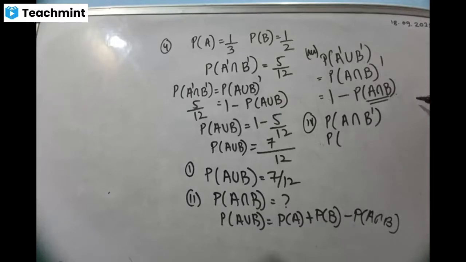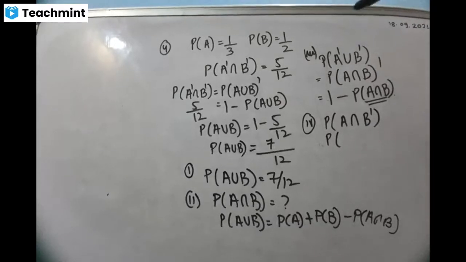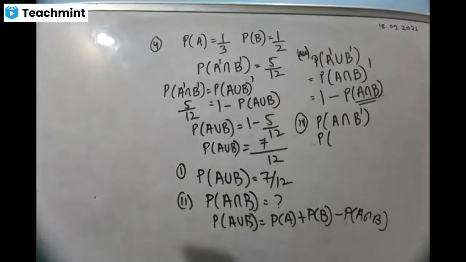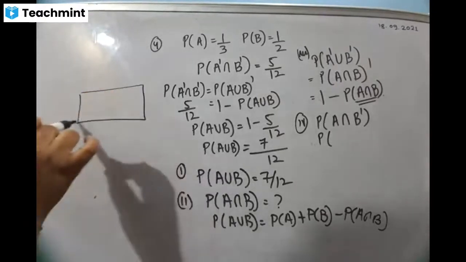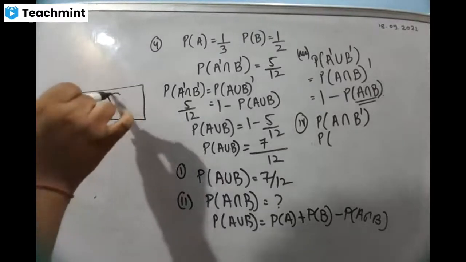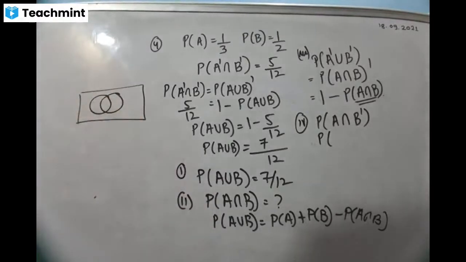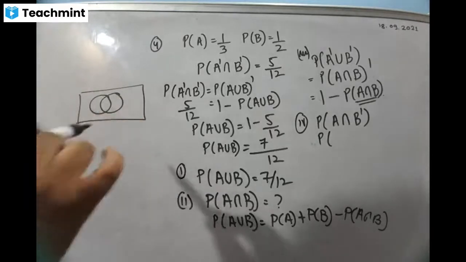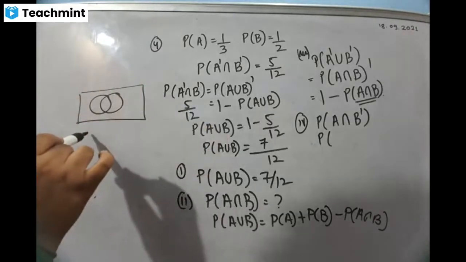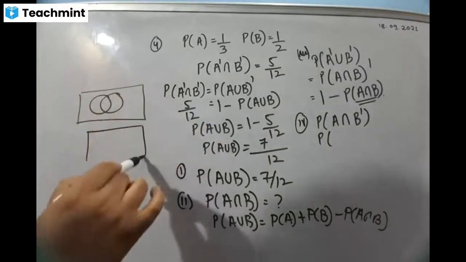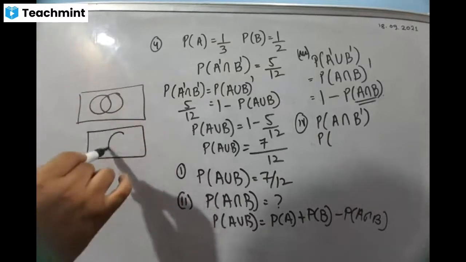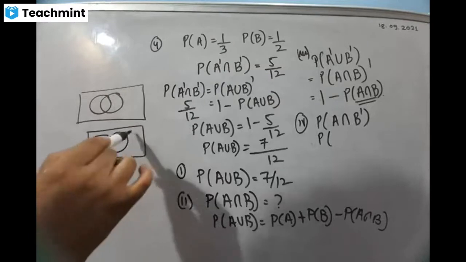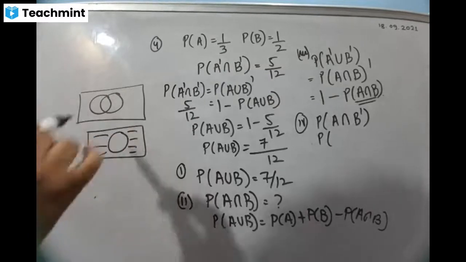Everyone, I feel that you might have problems with this, so I'm just going to explain this one more time. This is the fourth time I'm explaining this. So this is your A and this is your B. Let us analyze this step by step. B complement means leaving out this part of B. And what is A?